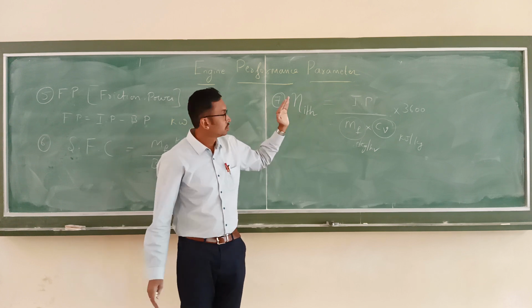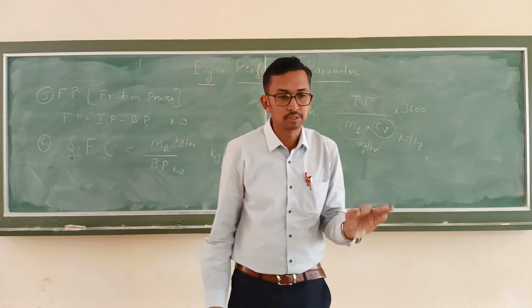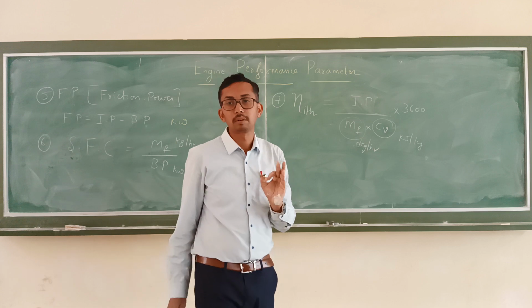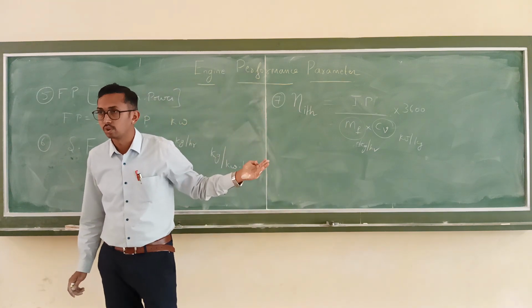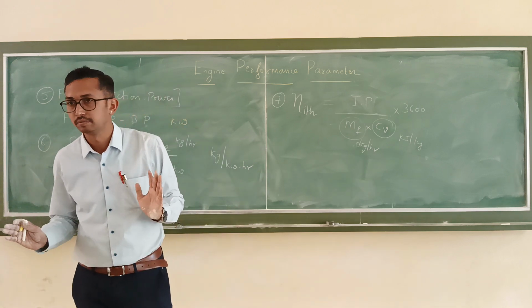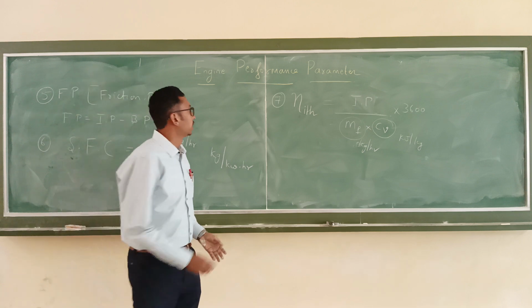Is it clear? So this will be represented in terms of percentage. It is an efficiency, no? So efficiency usually will be represented in terms of percentage. Is it clear? Okay. Next one.